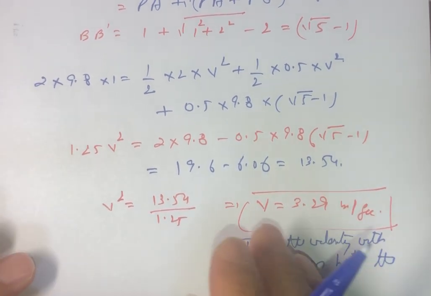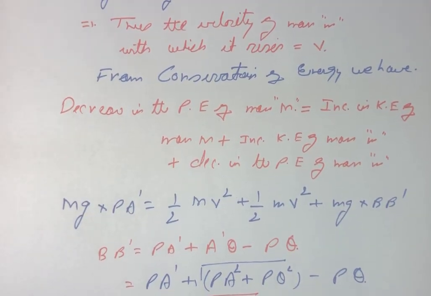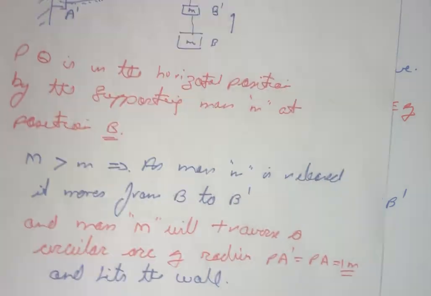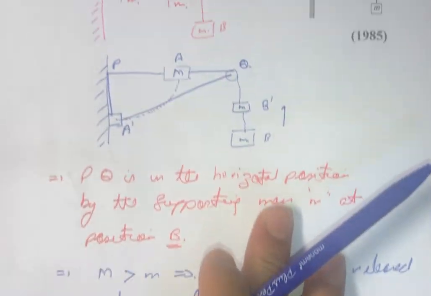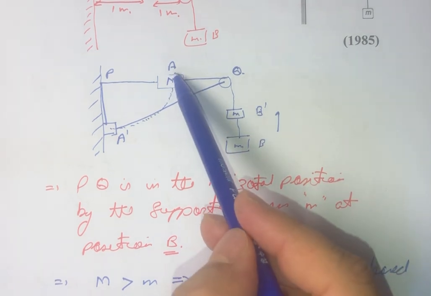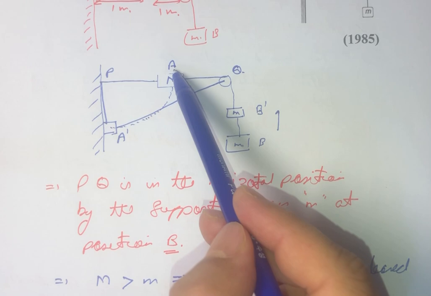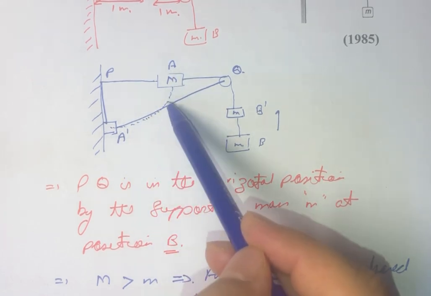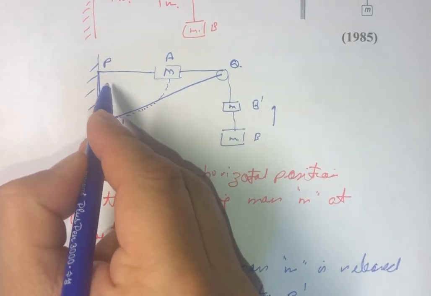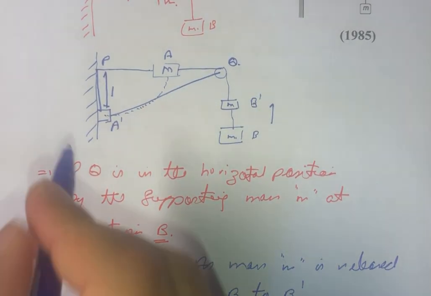So this completes the question. There were only two important things. First, drawing the figure: as B moves to B prime, capital M moves from A to A prime in an arc whose radius is 1 meter.